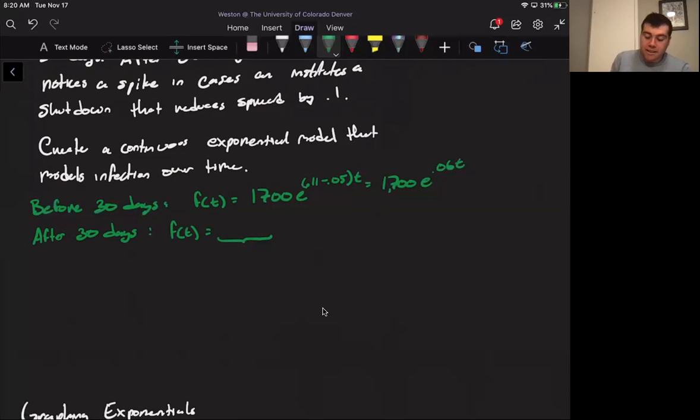And then we also have a rate that we're changing. So let's get this rate first. We have e to the 0.06 t before. So our effective rate was 0.06, but now we're subtracting 0.1 from it to get us minus 0.04.